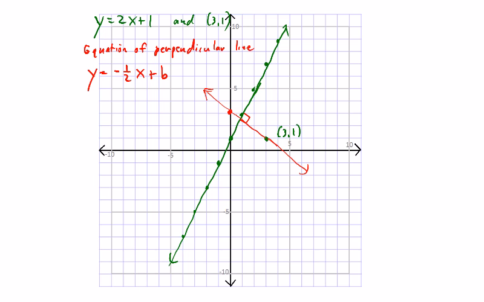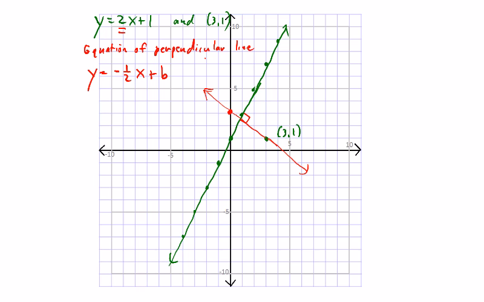So the y-intercept is up here somewhere, and we don't know exactly where that will be. It looks like it's somewhere in the vicinity of 3, but we don't know exactly what its value is. We got the -1/2 because it's the negative reciprocal of the slope of 2 for the original line.